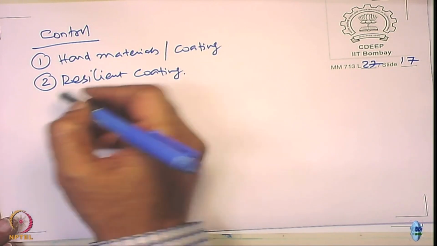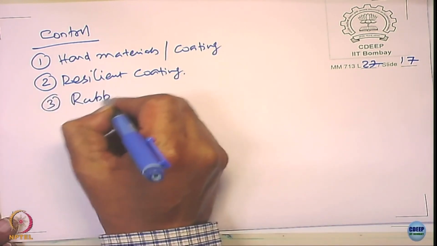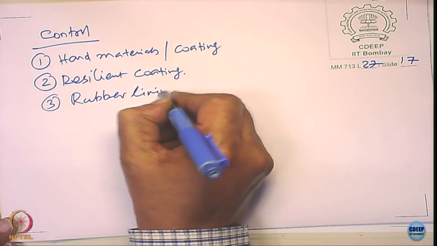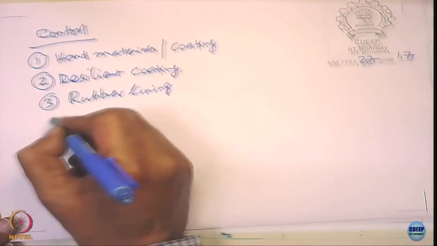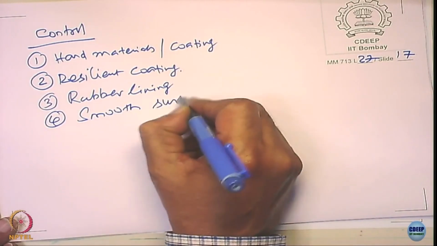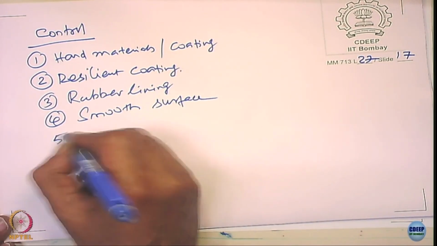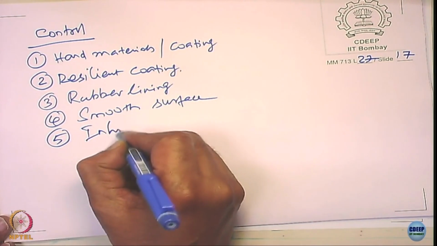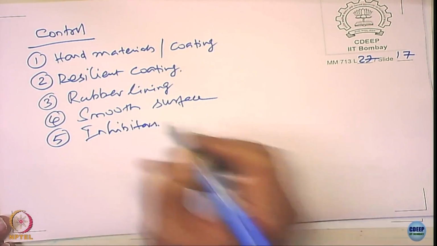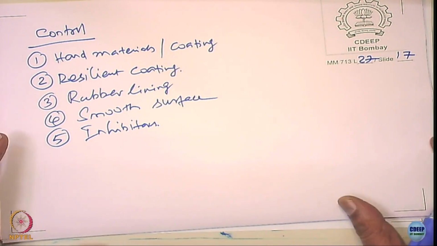And it also means something like rubber lining, for example, you can do that. You can have a smooth surface. What is the advantage of a smooth surface? It does not allow the bubble to stick on the surface. You can use inhibitors. The fact that inhibitors reduce cavitation damage means there is a corrosion taking place, not simply a mechanical damage per se.